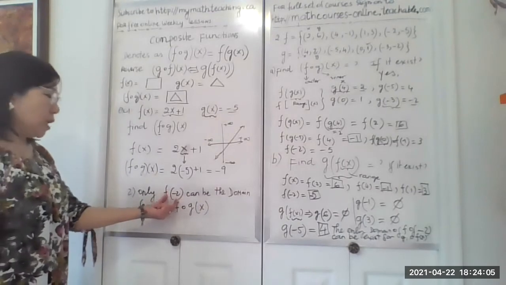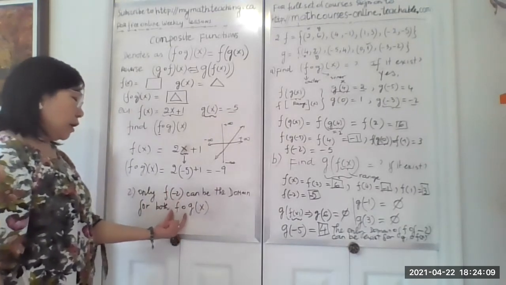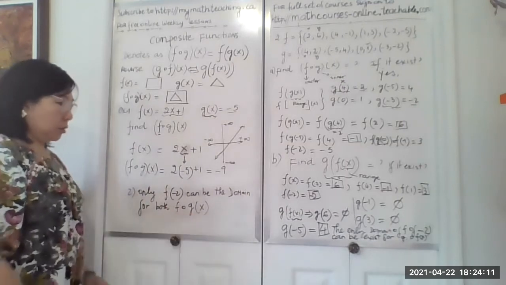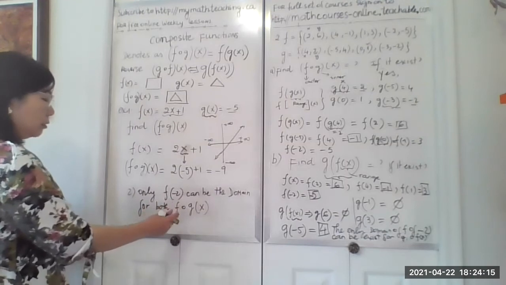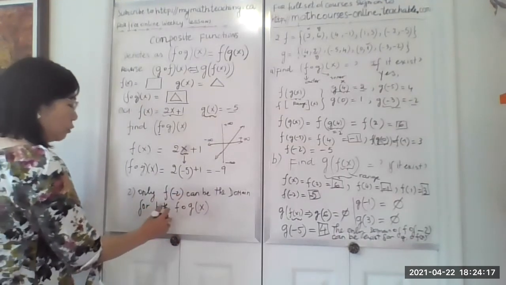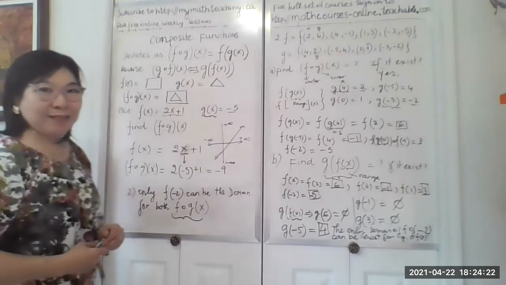So this is the domain for f, but it can also be the domain for f of g of x as well, because that is where we can find the y value of the composite function f of g of x.